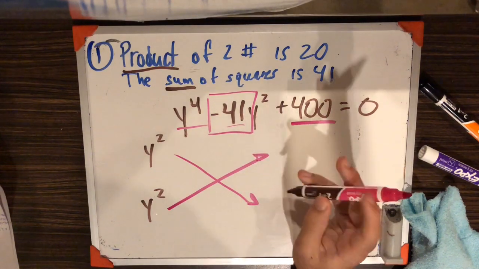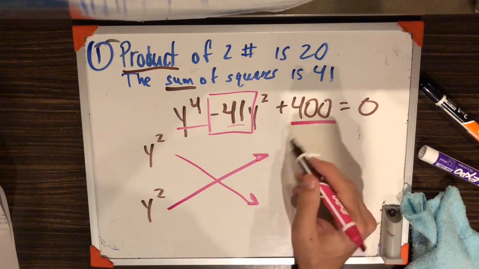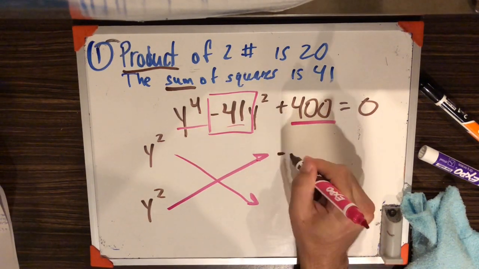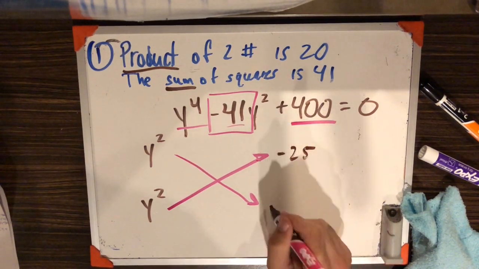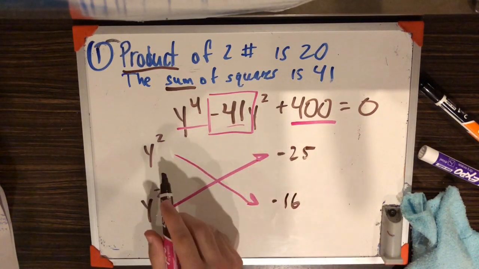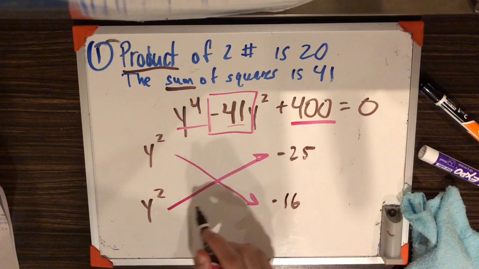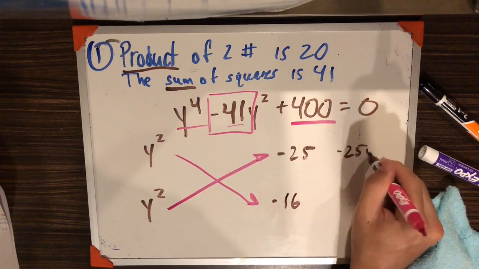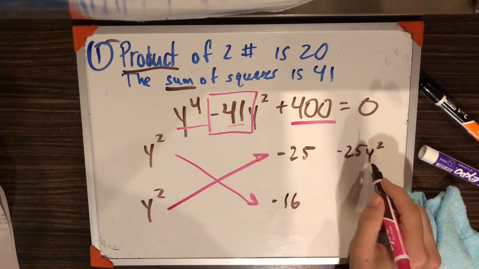Again, this is a big number, so it might not come to you very quickly, but it should be negative 25 and negative 16. Let's see if this actually works out. Y squared times negative 25 is negative 25y squared.